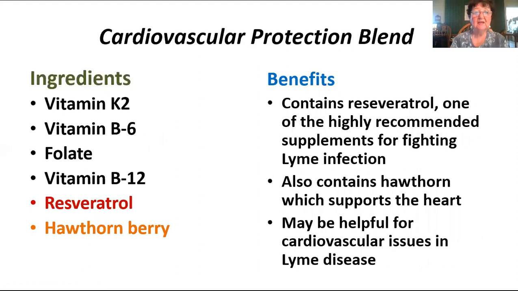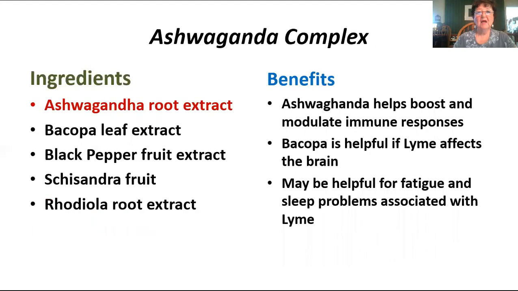Cardiovascular protection blend has the vitamin K2, vitamin B6, folate, vitamin B12, resveratrol, hawthorn berry. It contains resveratrol, one of the highly recommended supplements for fighting Lyme disease. Both experts that we talked about in this video also recommended the resveratrol. And hawthorn, which is great for the heart and protecting the cardiovascular tissue.